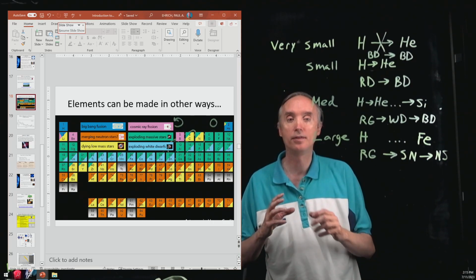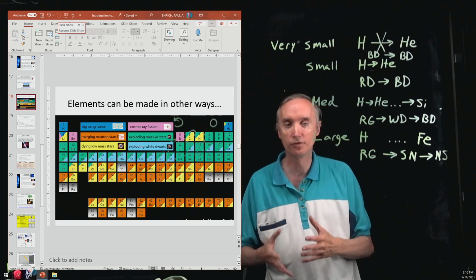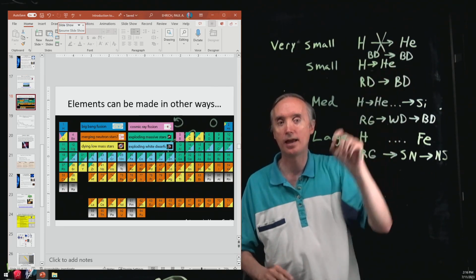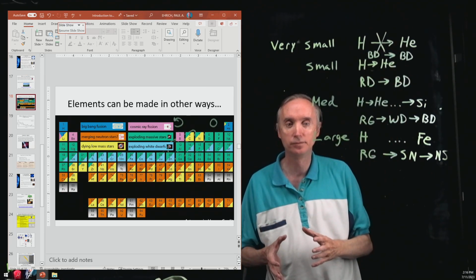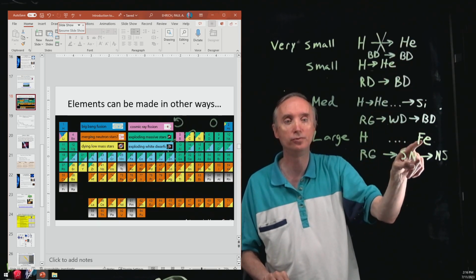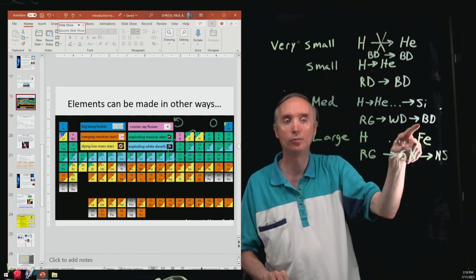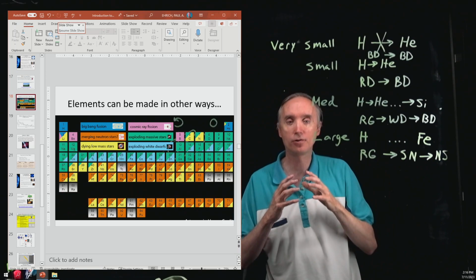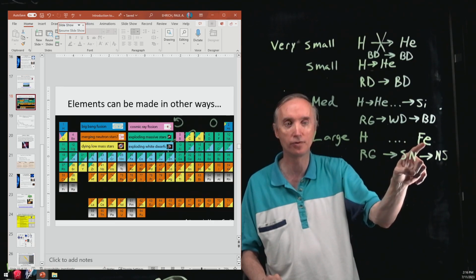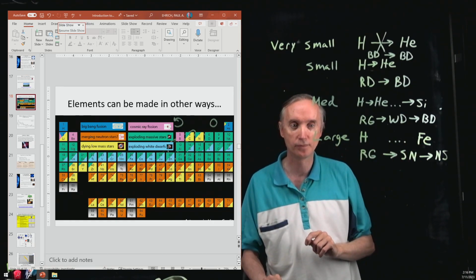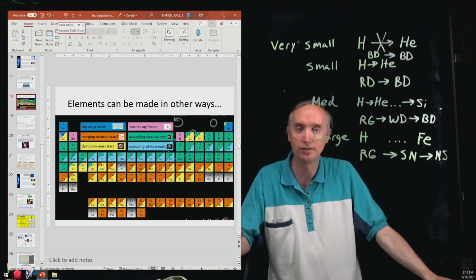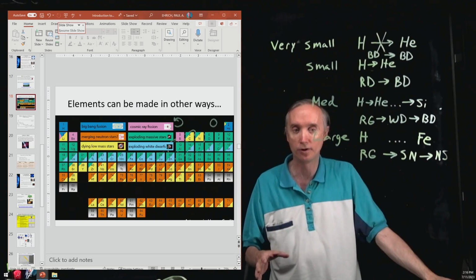The Big Bang, which occurred 12 to 14 billion years ago, made hydrogen and helium. As stars are dying, they can fuse elements from helium up to iron. Then when iron is fused, that creates the supernova event, which can fuse elements larger than iron on the periodic table. Now, there are other ways of manufacturing those elements, and that is listed in this chart here, but don't worry about it.